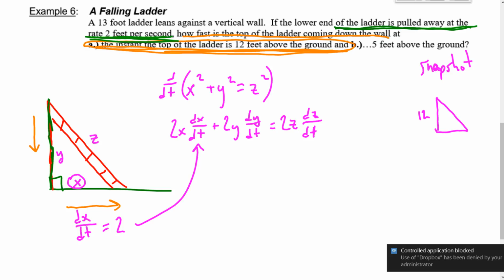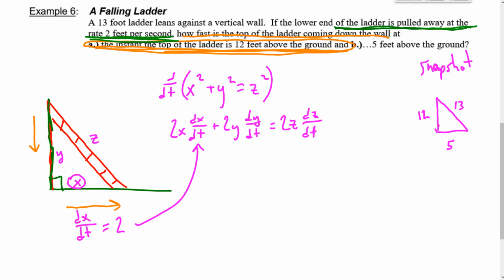Well, it's a 13-foot ladder, and this is a Pythagorean triple, so this side has to be 5. So x equals 5 at this moment, y equals 12, and z equals 13.